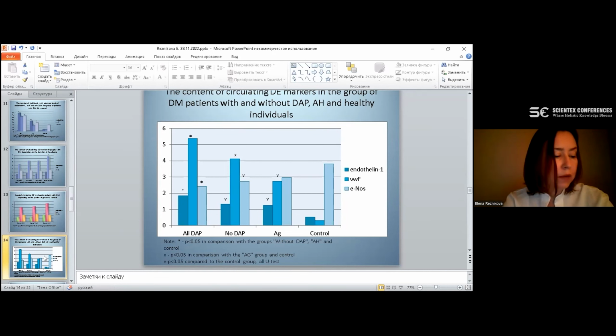The maximum level of endothelin-1 was noted in individuals with diabetic retinopathy, 2 picomole per milliliter, and diabetic polyneuropathy, 1.99 picomole per milliliter. The level of von Willebrand factor was also increased in all variants of diabetic angiopathy, with the highest value, 6.74 units per milliliter, noted in the group of patients with macroangiopathy.